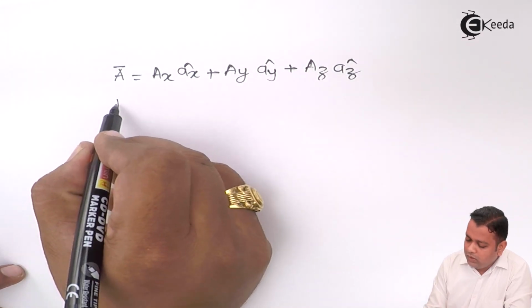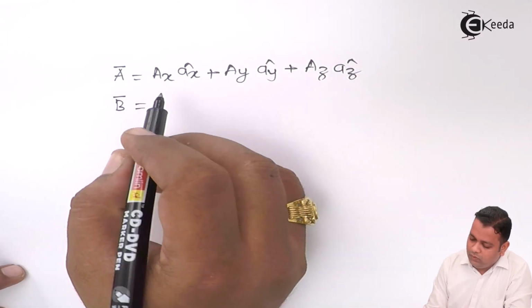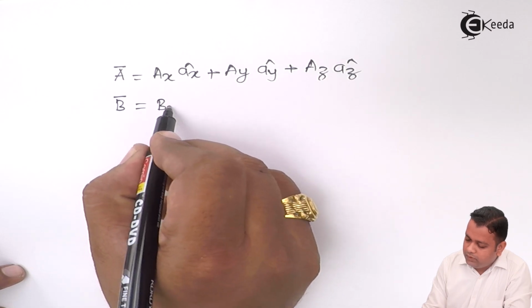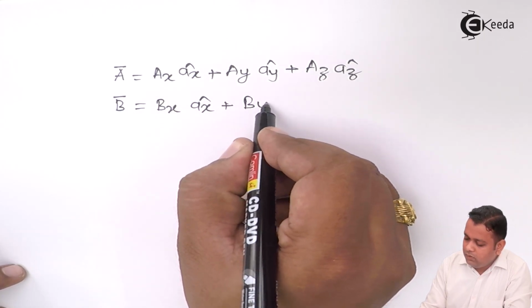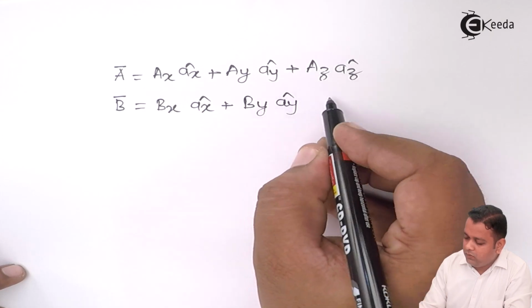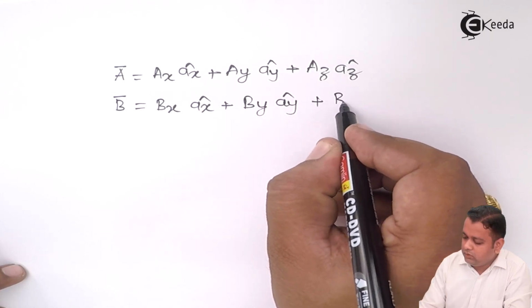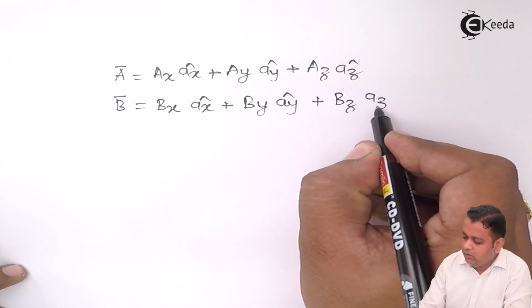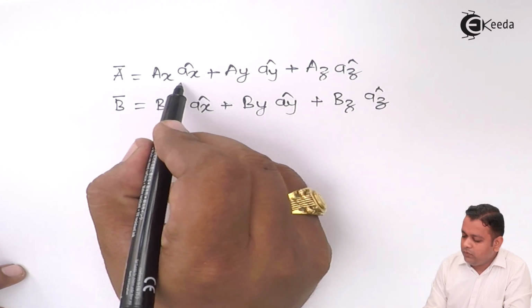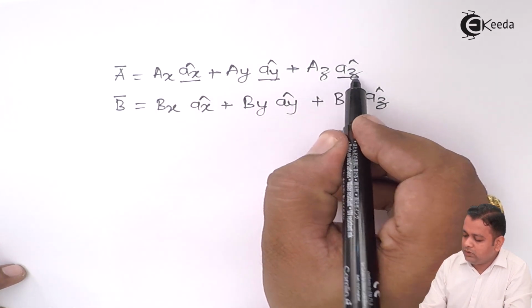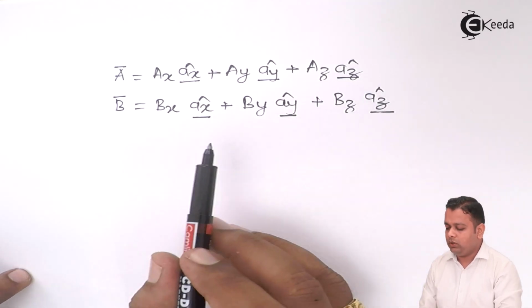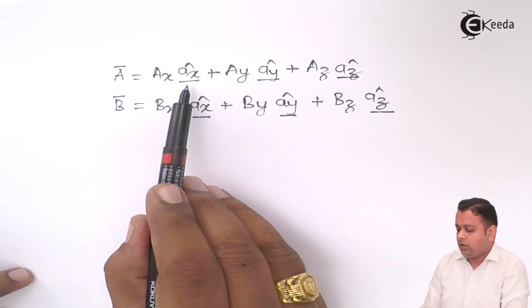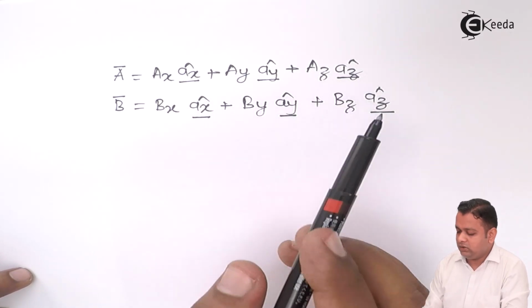Suppose we have another vector B bar, it can be represented as Bx ax cap plus By ay cap plus Bz az cap. So here ax cap, ay cap, az cap in both cases are the same. These are the unit vectors aligned along the x-axis, y-axis and z-axis.